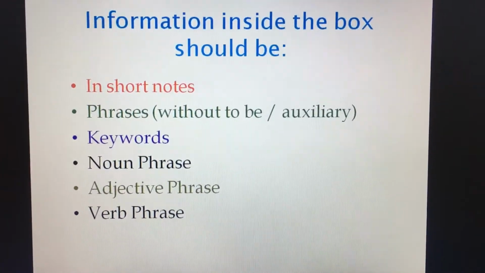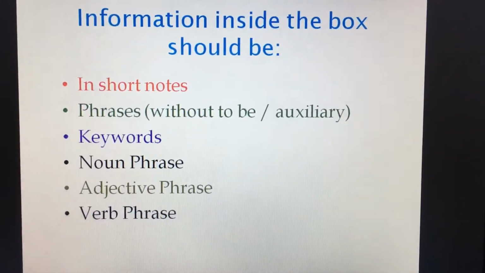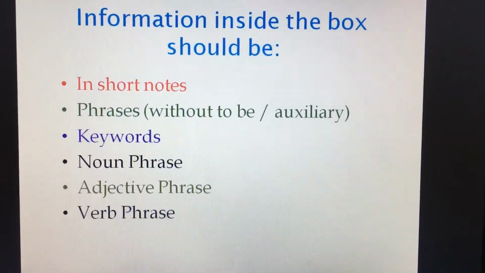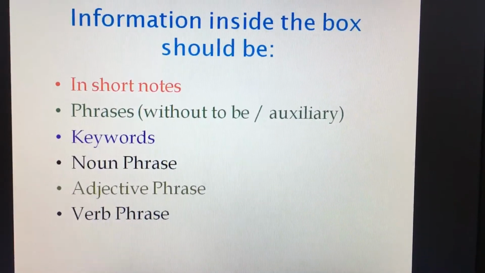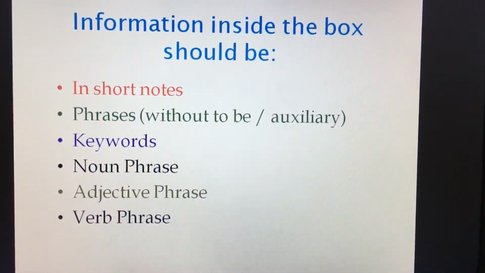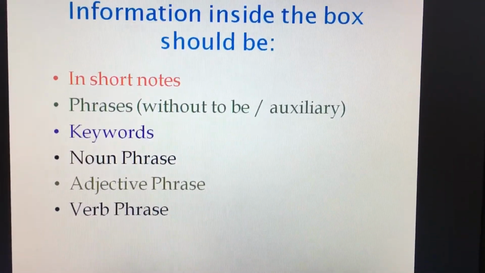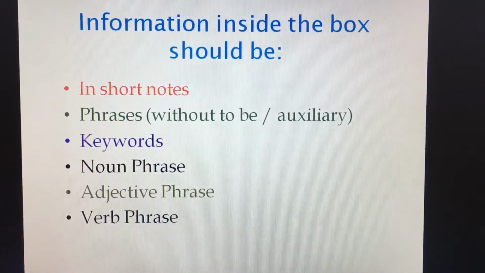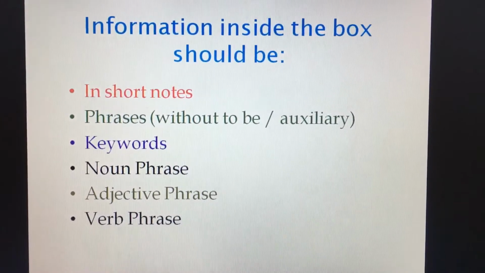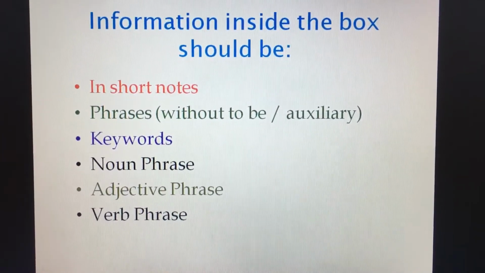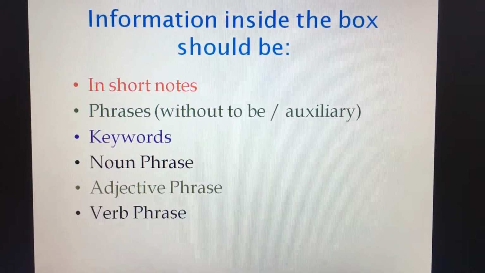First, you have to write the flowchart in short notes. Do not write it in sentences. It must be written in phrases, and of course without to-be verbs and auxiliaries. That is, you cannot use to-be verbs like am, is, are, was, were, or any other auxiliary verbs in the flowchart information.